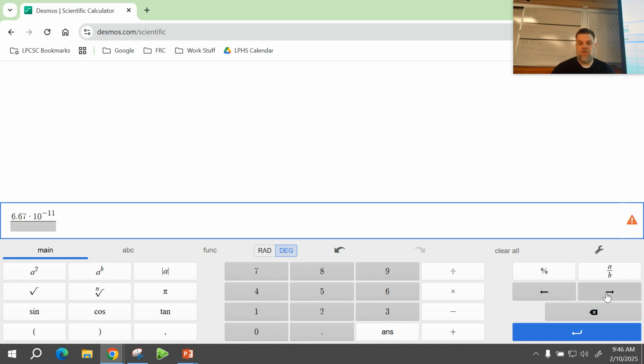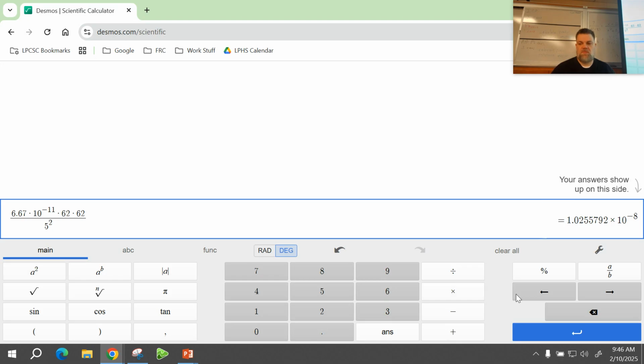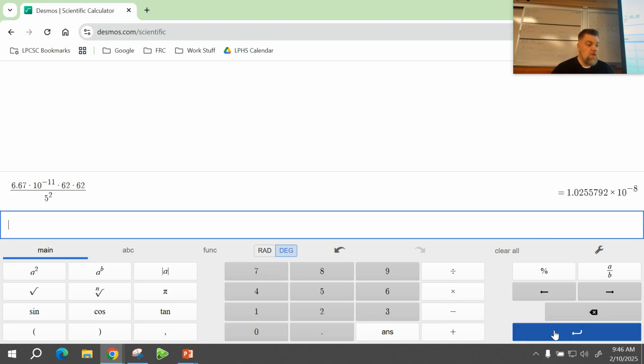And then I've got to hit the right arrow because I don't want everything up here. So I'm going to say times 62 times 62, and then in the bottom I'm just going to say 5 squared. Hit enter. I get, we'll round that to 1.3 times 10 to the negative 8 newtons.